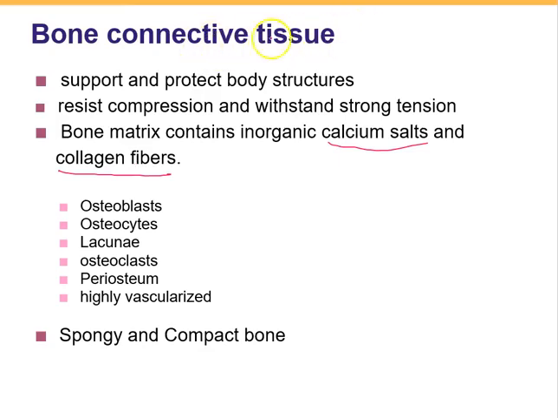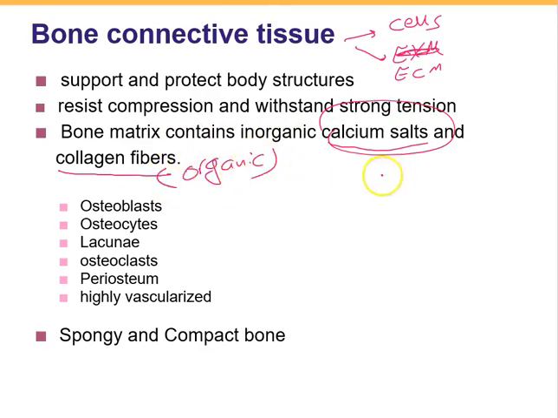So again, because bone is a connective tissue, we are going to define cells and extracellular matrix. We learned about the extracellular matrix of the bone, as it's composed of inorganic and organic parts, giving hardness and also strength to the bone.